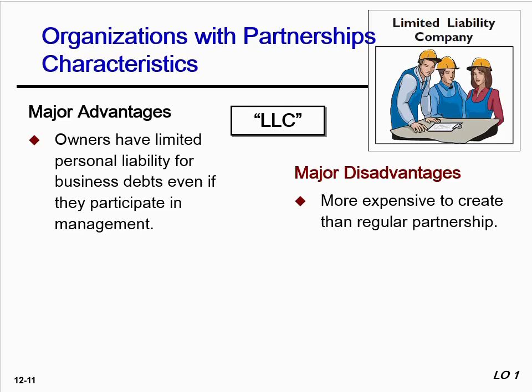The major disadvantage is that it's the most expensive as compared to all other categories of partnership. So these are three different specialized types of partnership, for which we have discussed their advantages and disadvantages.